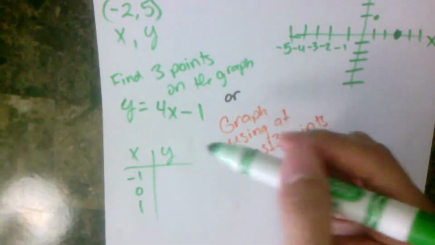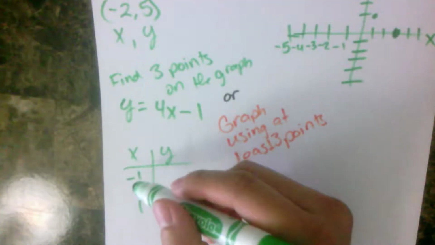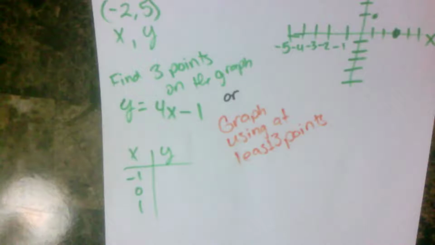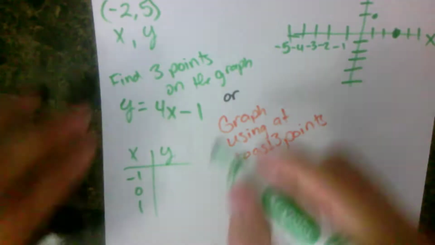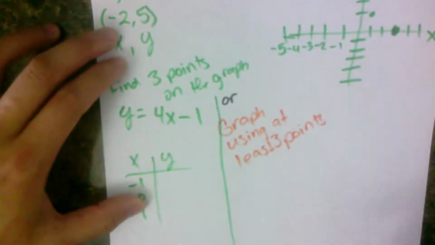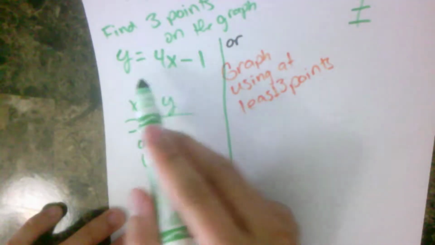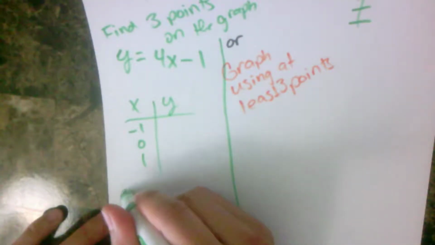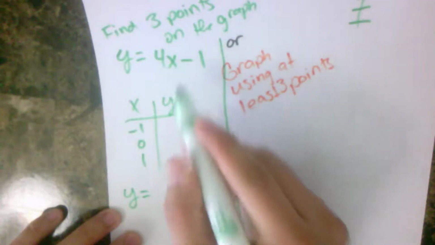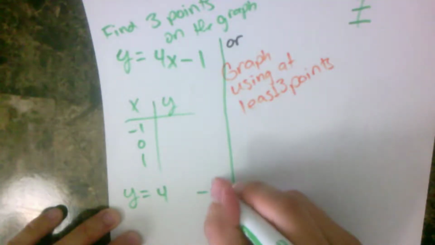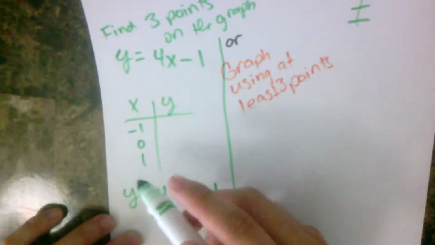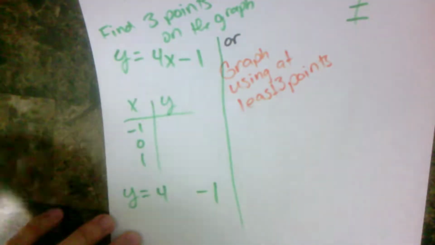So let's go ahead and plug them in. Again, you just pick any 3 numbers you want. Smaller is typically better. You're going to take your original equation, y is equal to 4x minus 1, and you are going to replace just the x. So y is equal to 4, but not x. Replace it with your first x, -1 here.